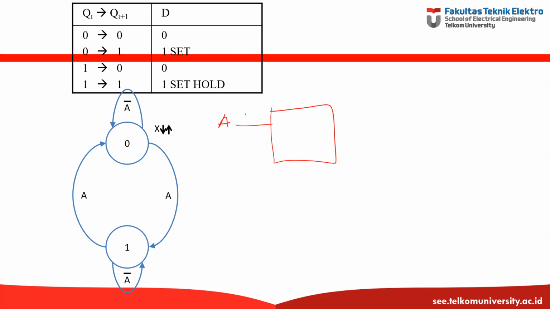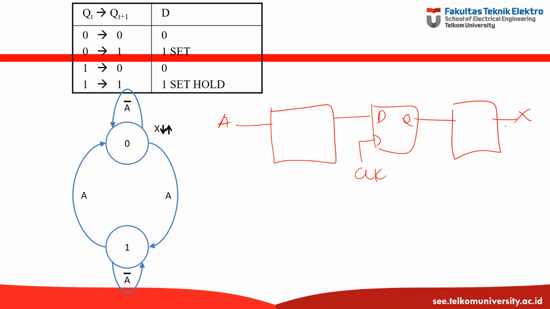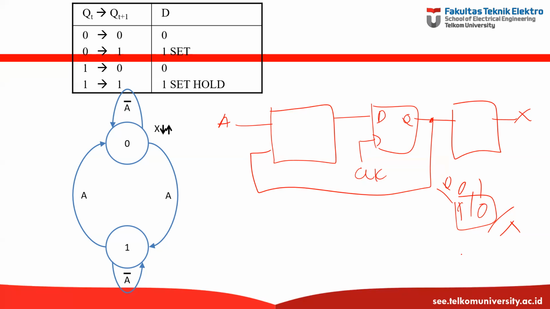So we have A, and then we also have D. This one is Q, and this one is X. Now, X happens when Q is 0. So X is Q naught.